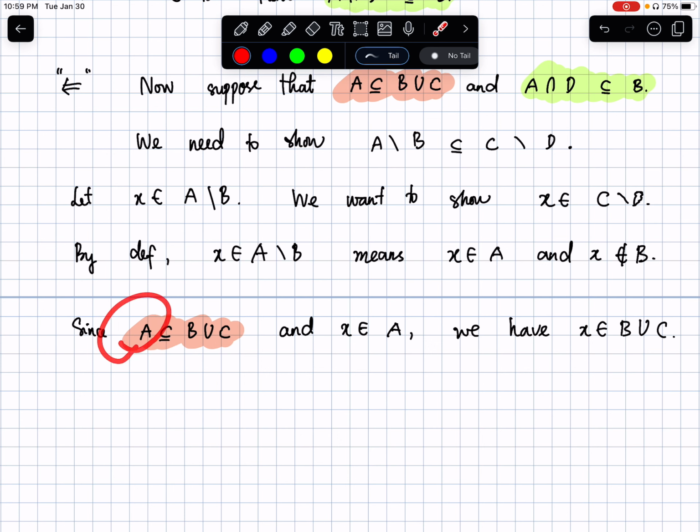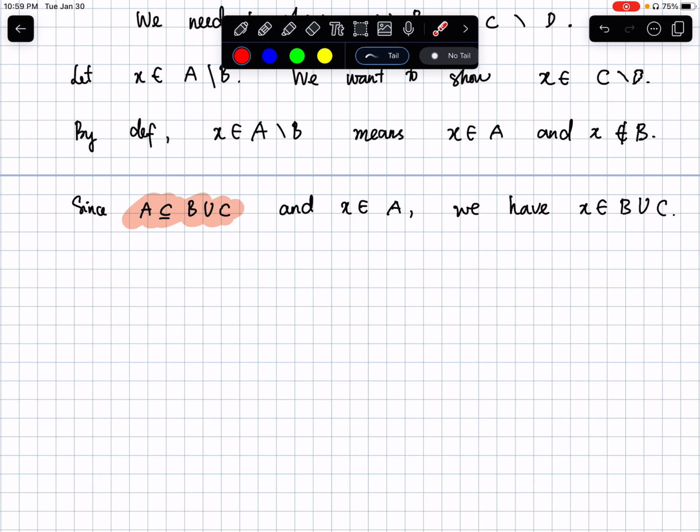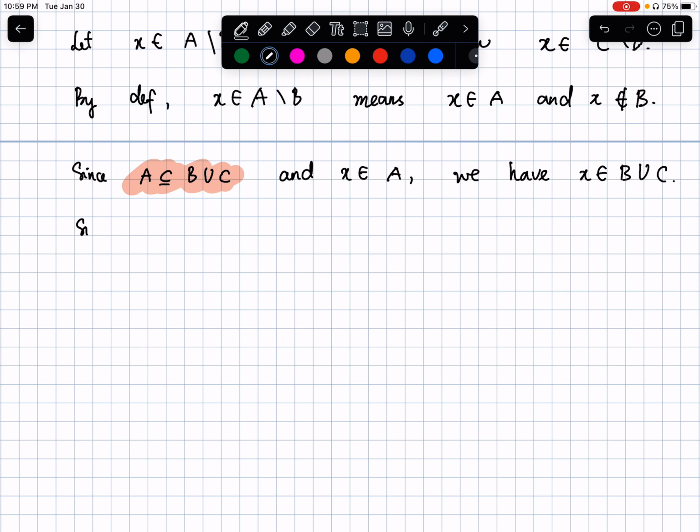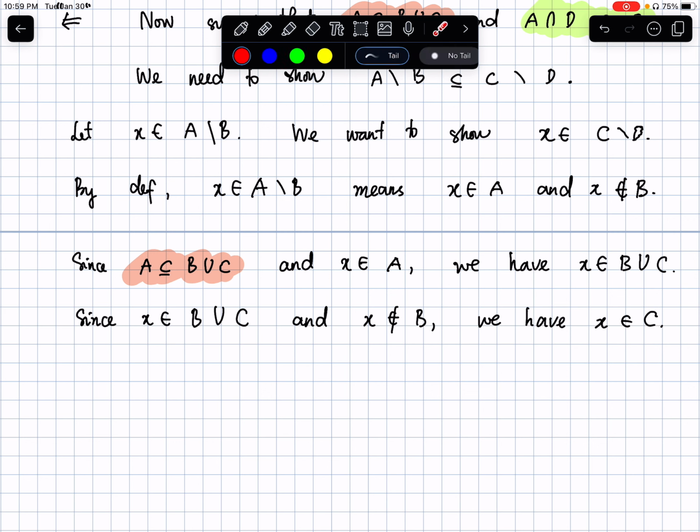x in here, but here is a subset of B union C. Therefore, x must be in B union C. Okay, now look, x in B union C, but x not in B. Therefore, x must be in C, by the definition of union. x in the union, but not in this part.